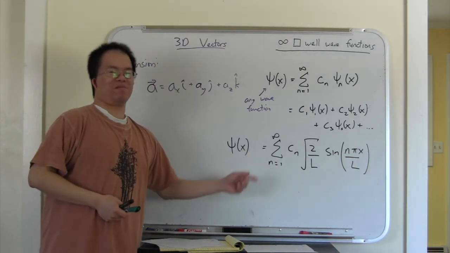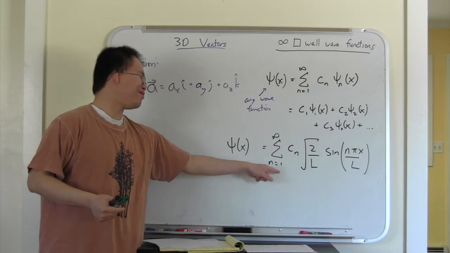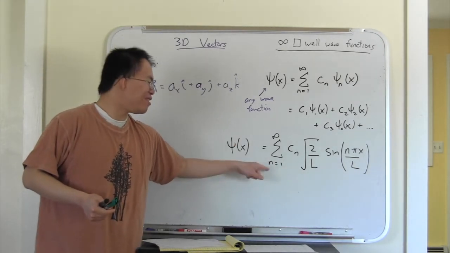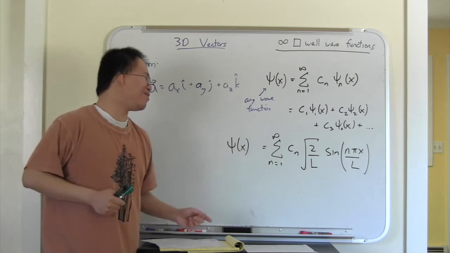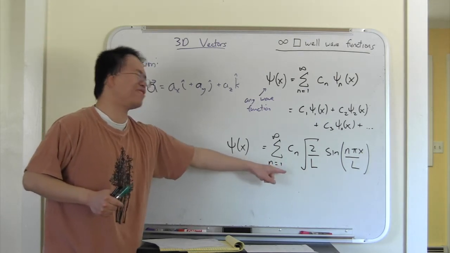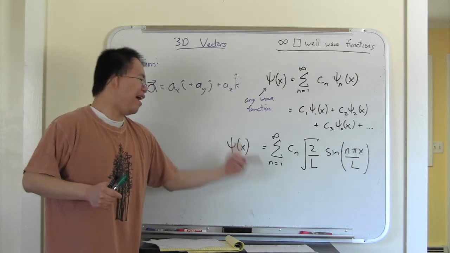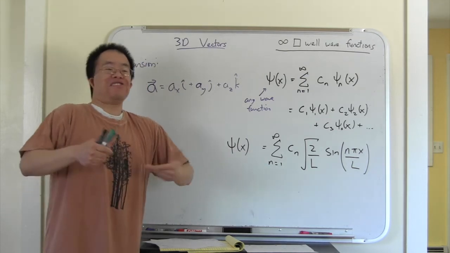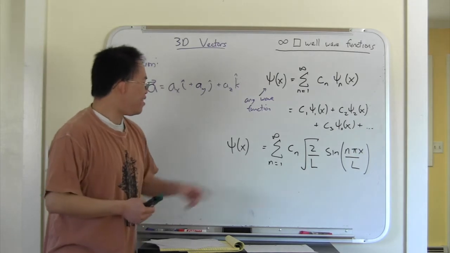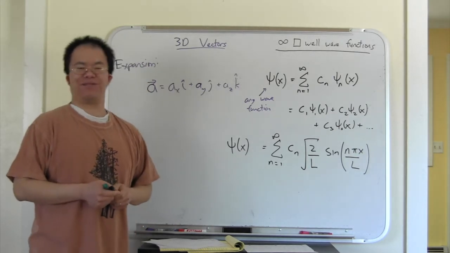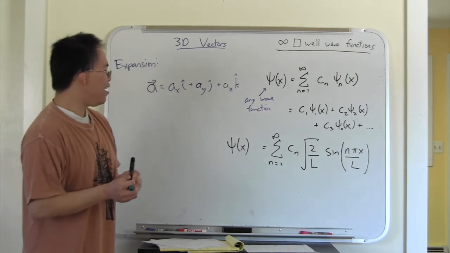Now, this might just look like a bunch of stuff, but it's actually really, really cool. It still blows my mind every time how you can build completely arbitrary stuff out of adding up a whole bunch of sine functions. Now, this is something that you might recognize if you've seen it in a math class.